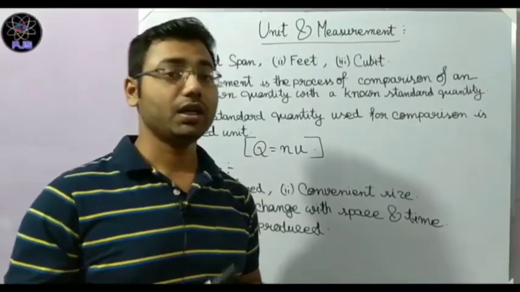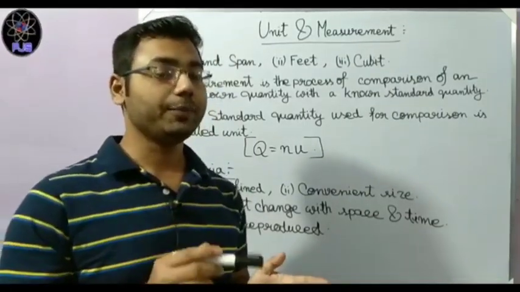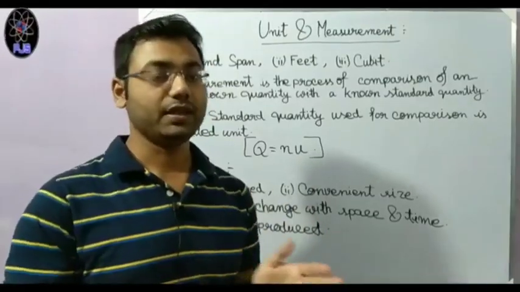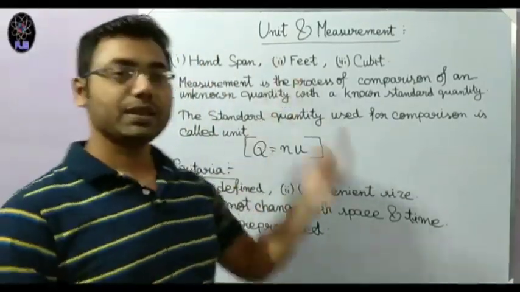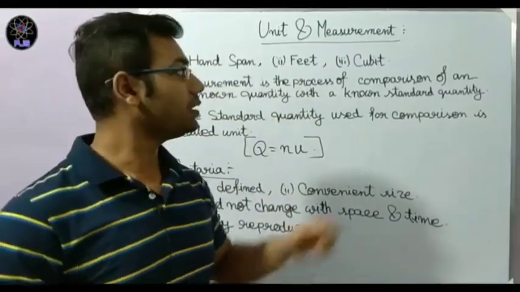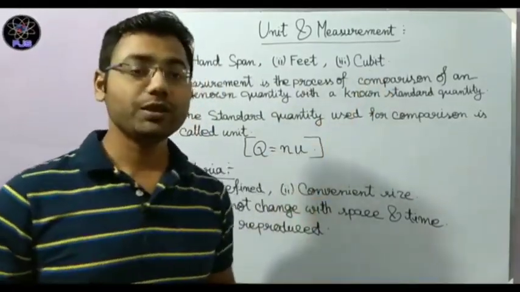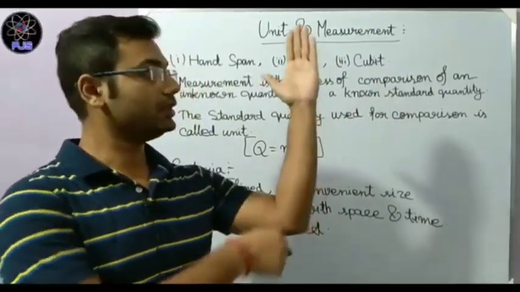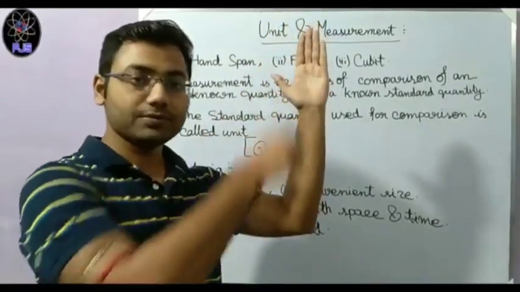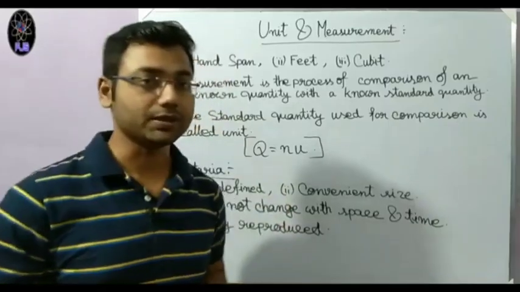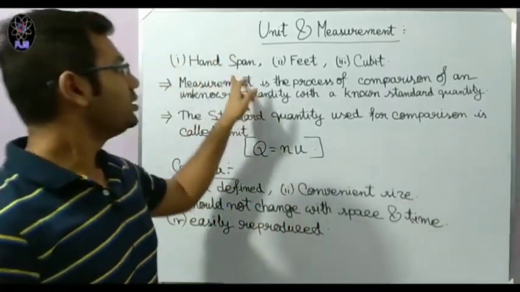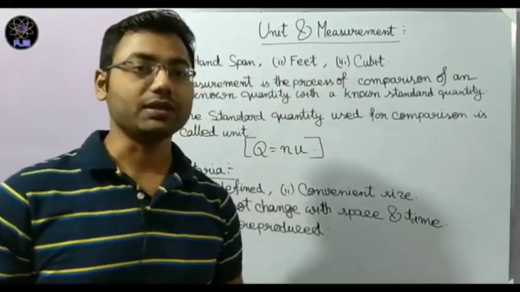Because the young boy's foot step is less than the older person's. So foot step varies from person to person. Likewise cubit varies from person to person, and handspan varies from person to person. So this is not beneficial for us.